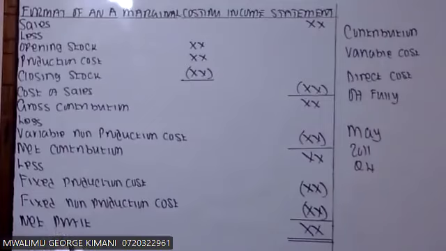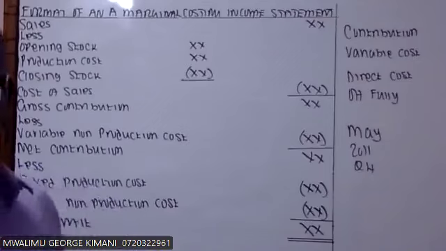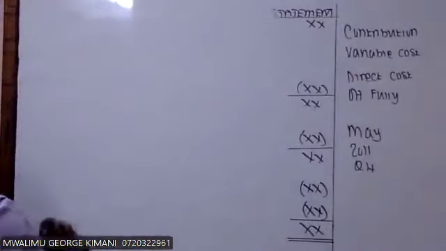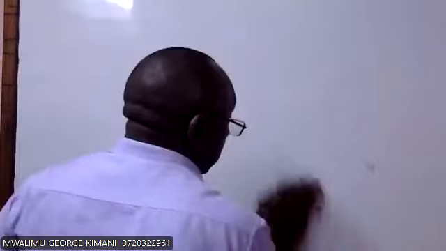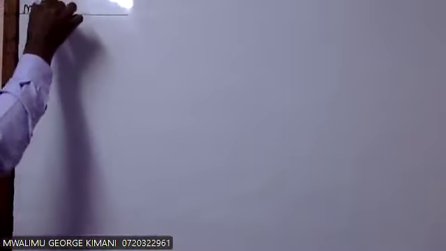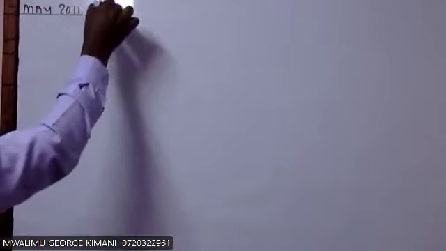We are asked for the income statement for the month of March using absorption costing and marginal costing. Question 4A.